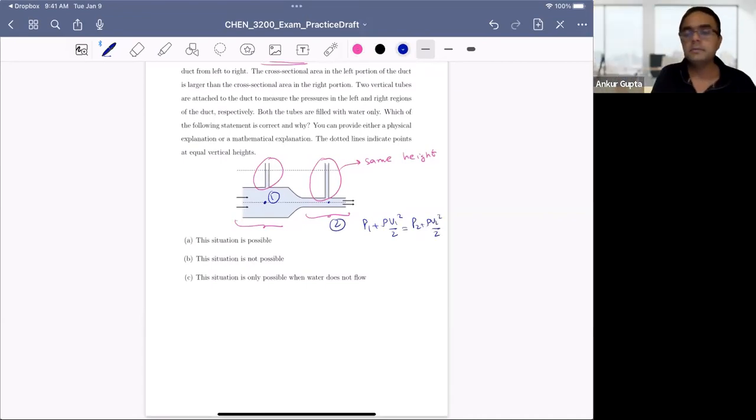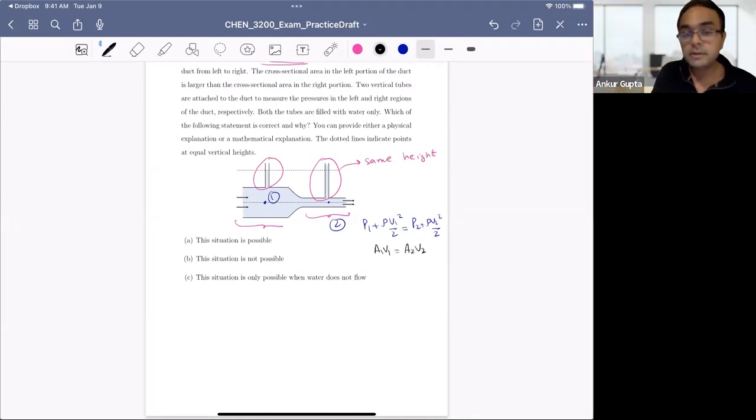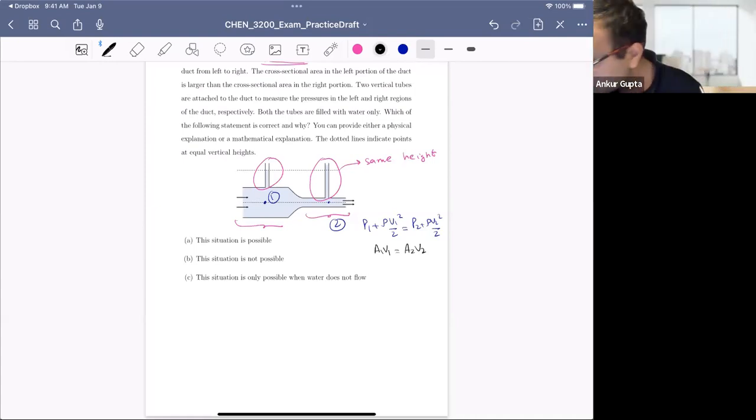Now, clearly, we also have A1 V1 is equal to A2 V2. And because the cross-sectional area at 2 is smaller, A2 is less than A1, which implies V2 is greater than V1.